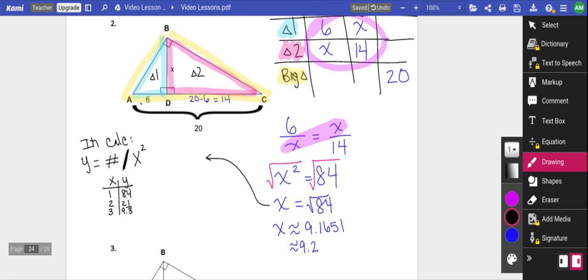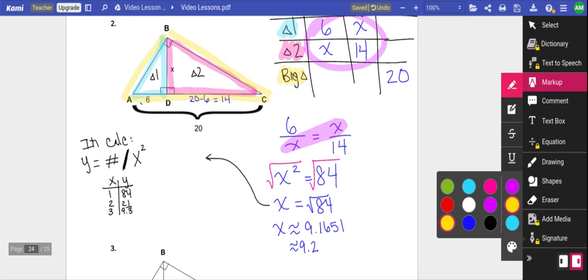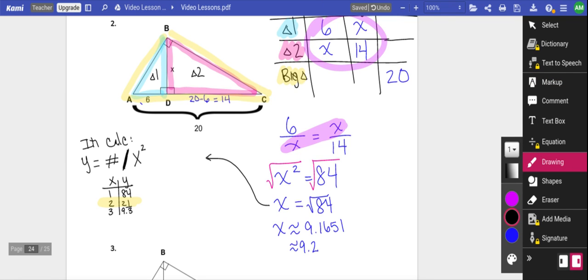Once you're less than 1, obviously, there's not going to be any more whole numbers. But you're going to pick, essentially, the two numbers here of the lowest whole number. And what that means is that your answer to this question in simplest radical form is 2 square root 21. Super nice way to help you out, isn't it?